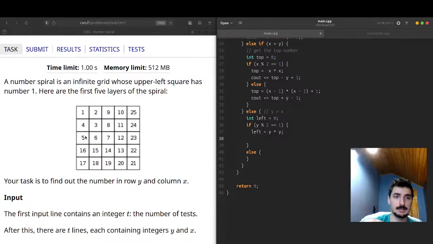And then the answer is y times y plus 1. No, this is odd numbers. Plus y minus this basic.